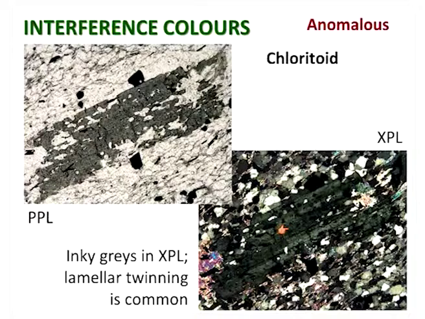They vary quite markedly, but they're always anomalous. They always have that kind of inky, washed out look to them. And if you use the eye of faith on this, you can also see that there are stripes of this colour in this one crystal here, and that reflects lamellar twinning, a bit like plagioclase, but it's rarely so well defined. It's not the kind of pinstripes, but you can see stripes of colour running down chloritoid crystals, and those are lamellar twins.